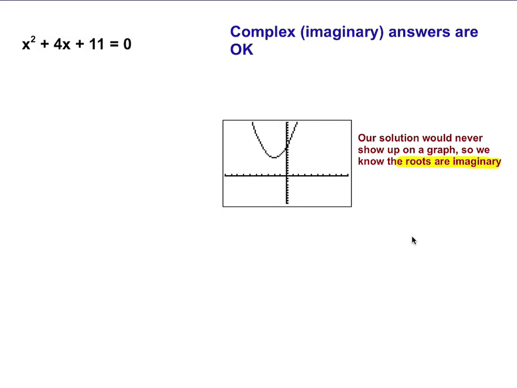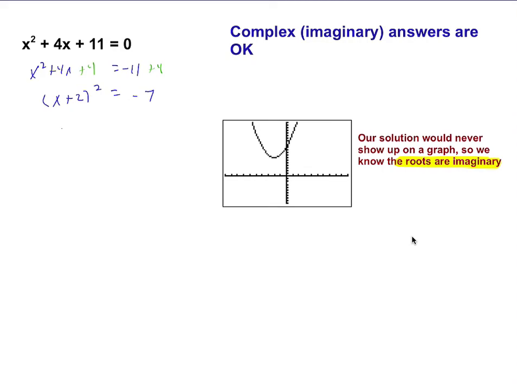We can take a quick look at it. x squared plus 4x equals negative 11. Pause the video and see if you can finish this on your own, and then just look back and check. Add 4 to both sides. Factor. Remember, we already know it's going to be a perfect square.